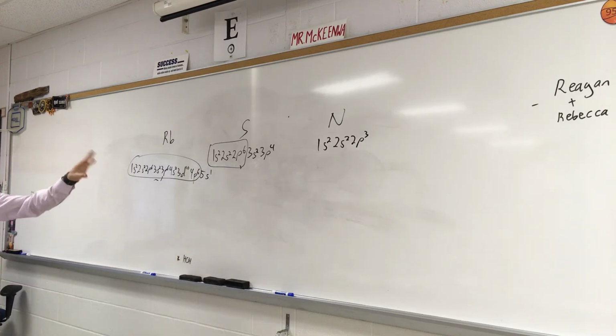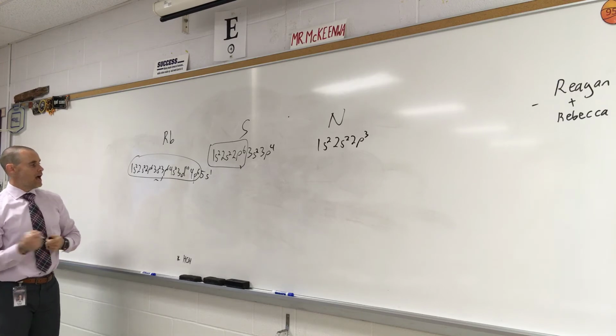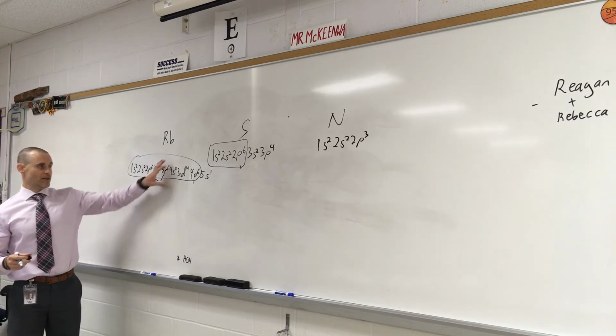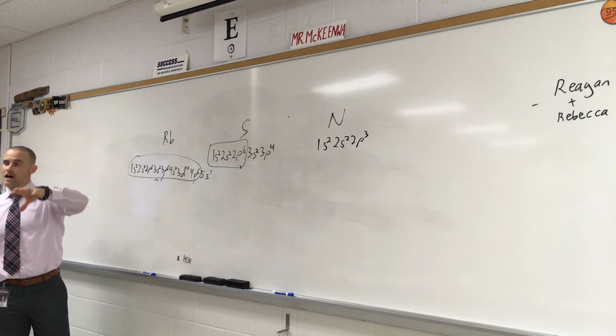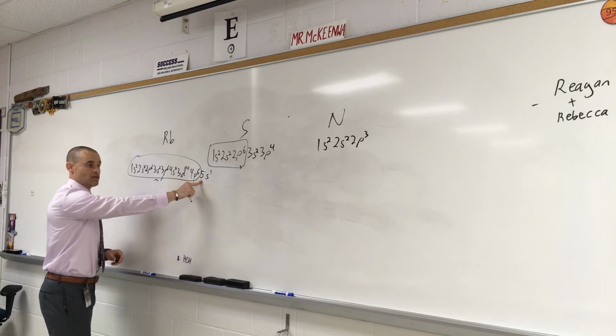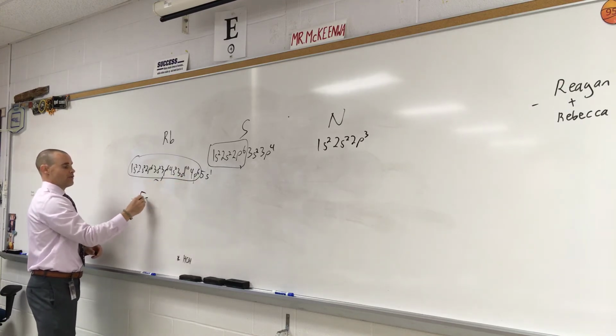I'm going to give you a handful of practice ones, so I'm going to move on past just writing them out. Are you guys sort of picking up the blocks and how that helps? Okay. Now, here's what I want you to do. I want you to write the orbital notation for these three for just the valence electrons. So I want the orbital notation for the 5th level, because that's the valence, so for your 5s.